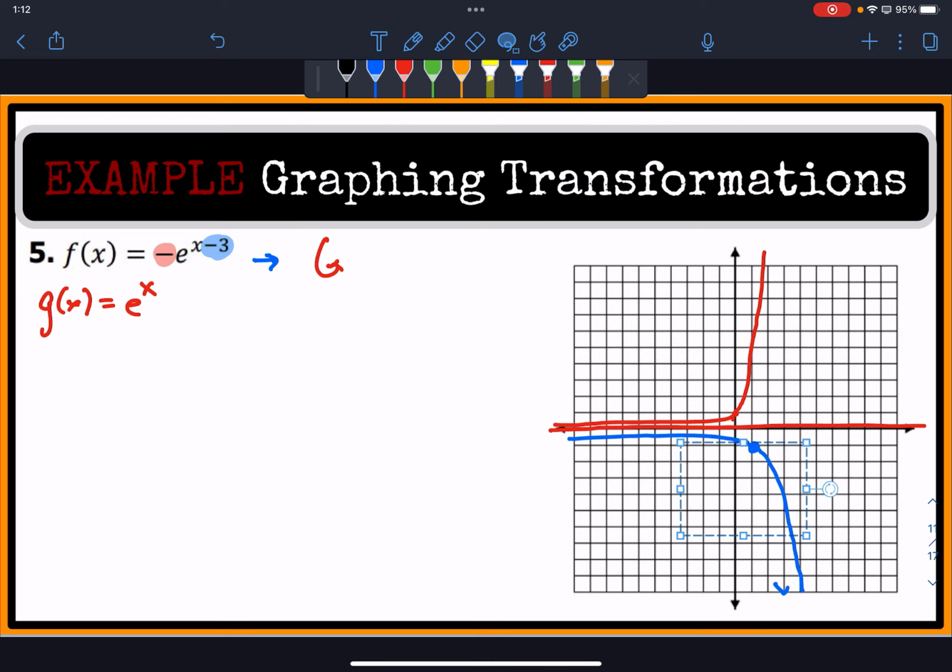So let's do that. 1, 2, 3. And there's our graph. Let me just extend this horizontal part more. And well, this right there is good. Let me just put my arrow right there. And there. This is going to reflect it and slide it 3 units to the right. Or I can slide it 3 units to the right and then reflect it. Hence, I still end up with the exact same thing.